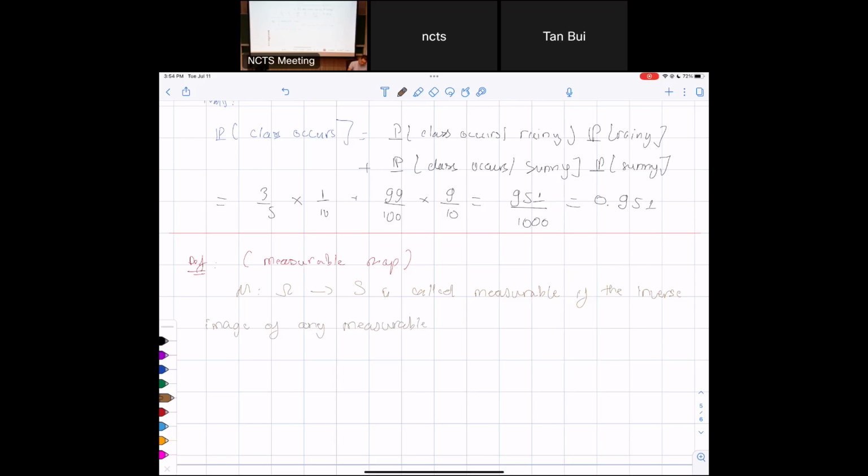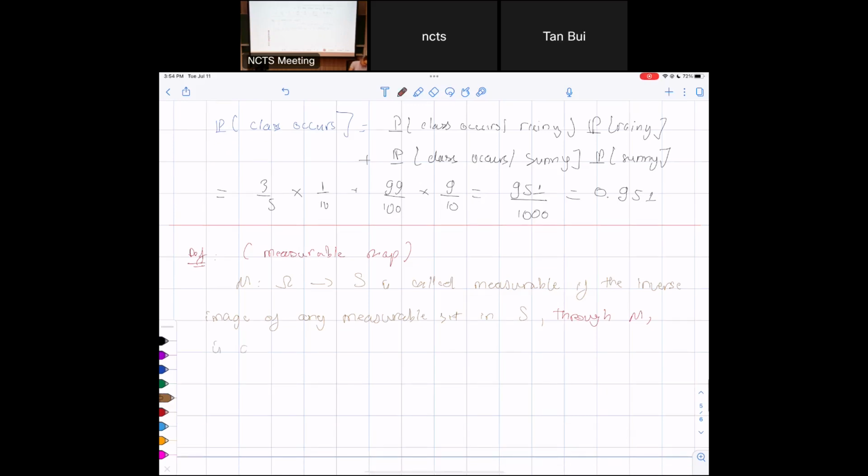If the inverse image of any measurable set in S, through, this is important, through M, the map or the function, is a measurable set in omega.